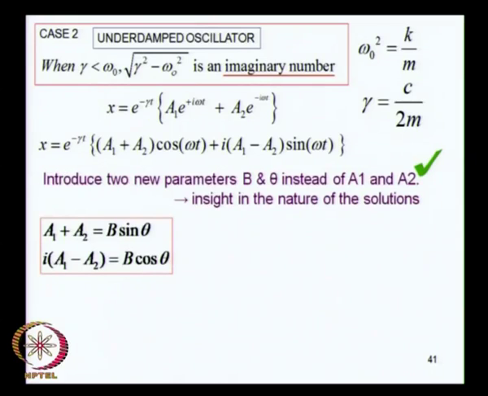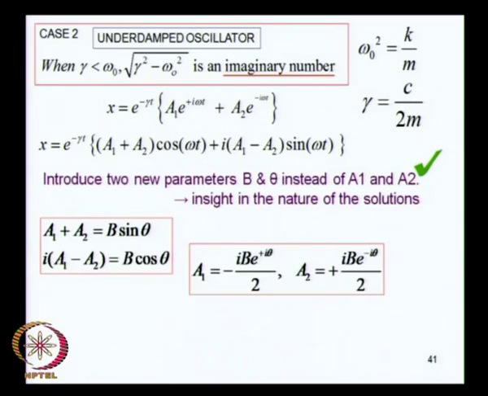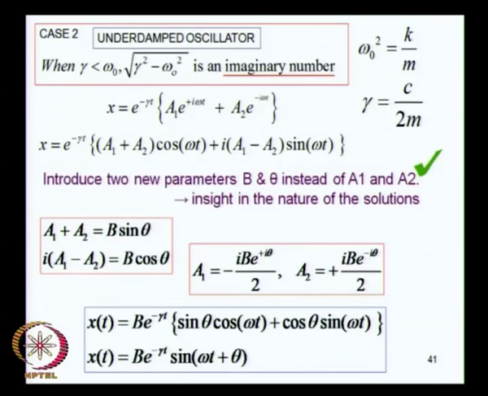This is how you introduce these parameters. You define a1 plus a2 as b sin theta, and the difference a1 minus a2 times i as b cos theta. These are the relationships between a1, a2 and b, theta, and in terms of this, the solution x(t) becomes b e to the minus gamma t times sin of omega t plus theta.